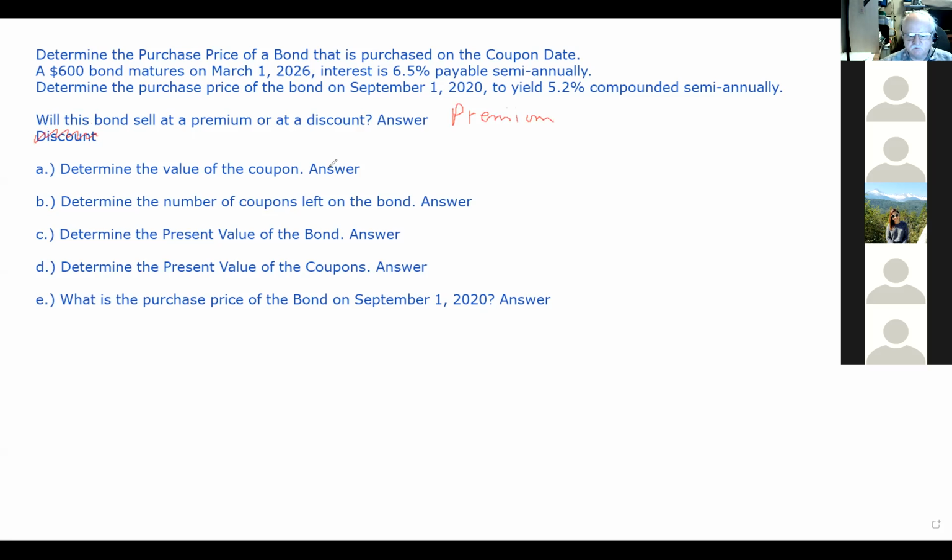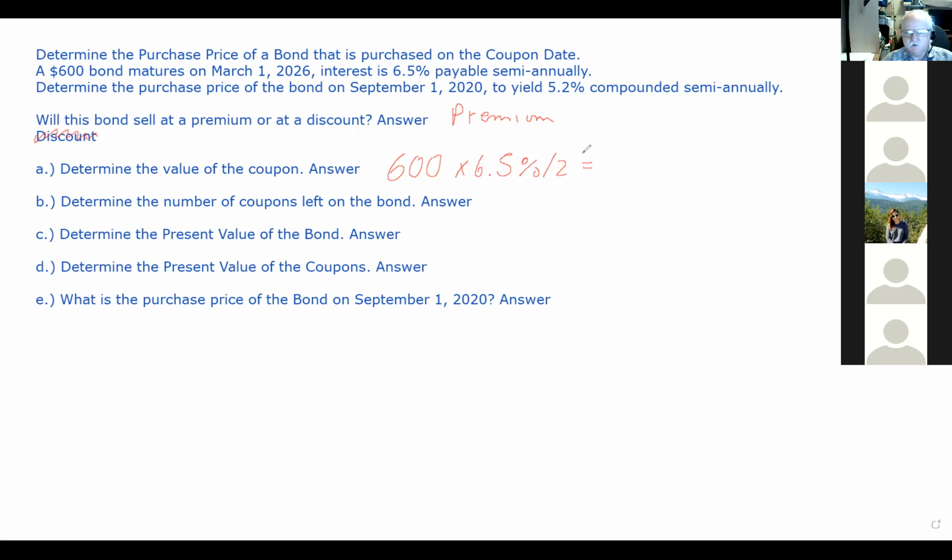So determine the value of the coupon. The coupon, we can see it's a $600 bond and it's paying 6.5%. So times 6.5%, but it's semi-annual, so divided by 2. So we just need to multiply that out. 6.5% divided by 2 times 600.